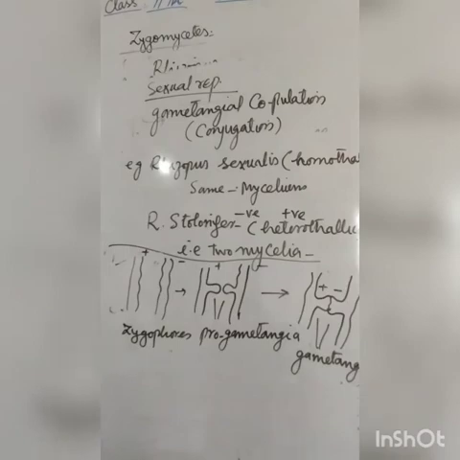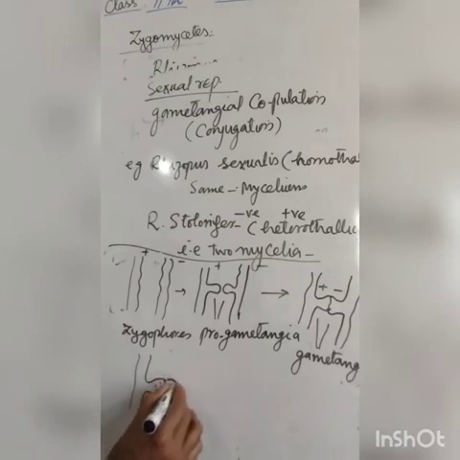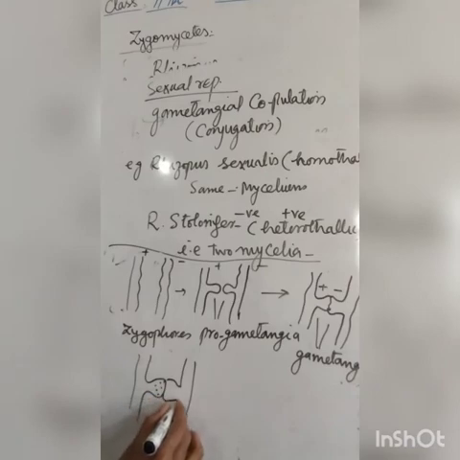These gametangia are multinucleate or coenocytic, so they are called coenogametes.